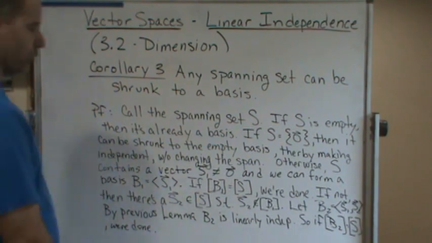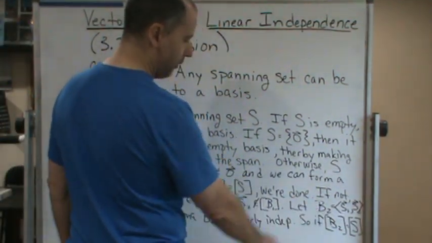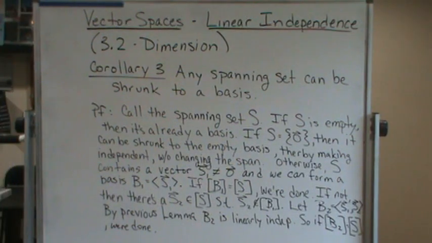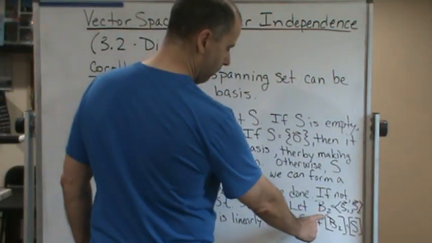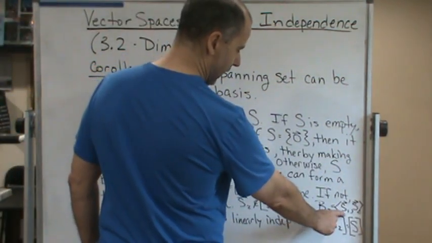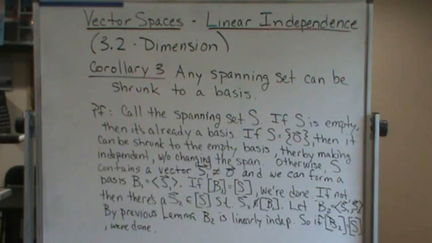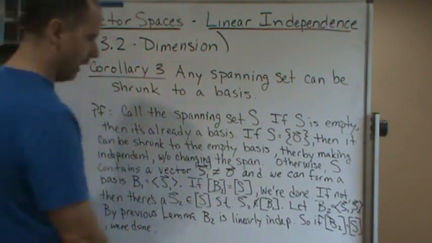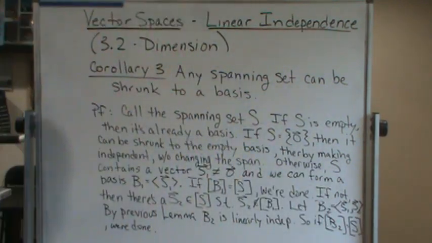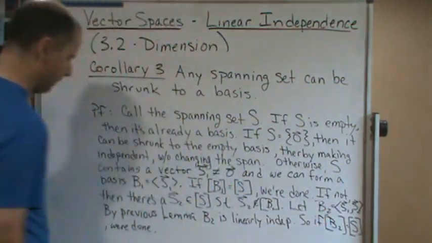So then we form another sequence, B2, equal to S1 and S2, the two vectors. Now we've got another basis, B2. By the previous lemma that we've talked about, we know that this is linearly independent.